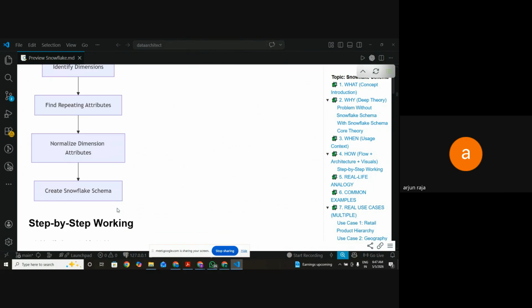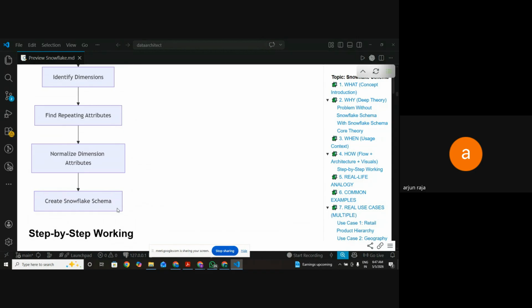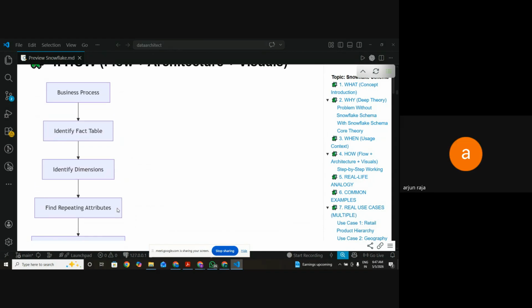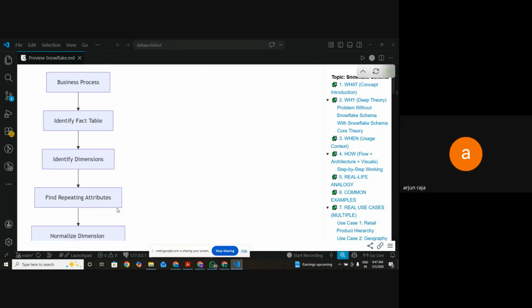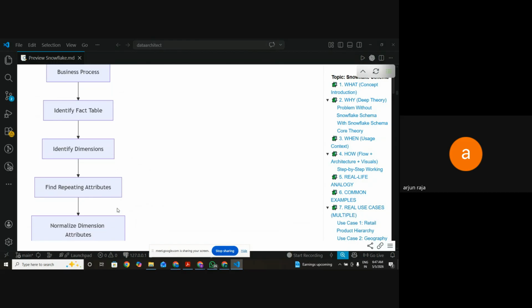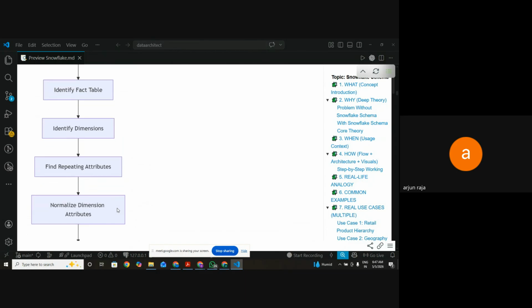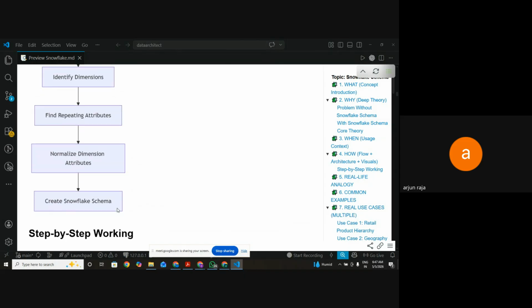Same as the star schema till fact and dimensions. After that, we find the repeating attributes like products, categories. Those things will repeat. Because these are denormalized, we normalize the dimension attributes, and then create the snowflake schema.